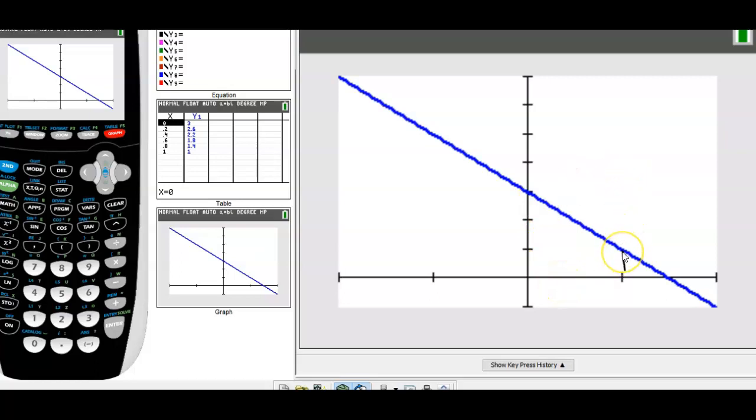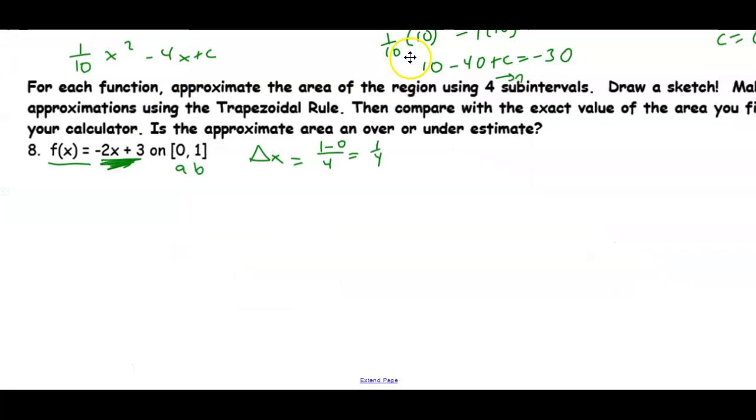If this is 1, each one is a fourth wide, so 0, 1/4, 2/4, 3/4, and then 4/4, which is 1. So there's my sketch right there. All right, so you would just go over to yours and of course sketch that.